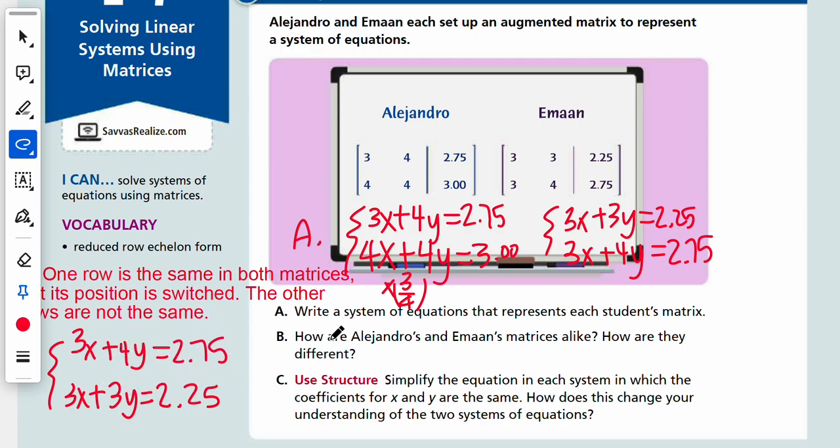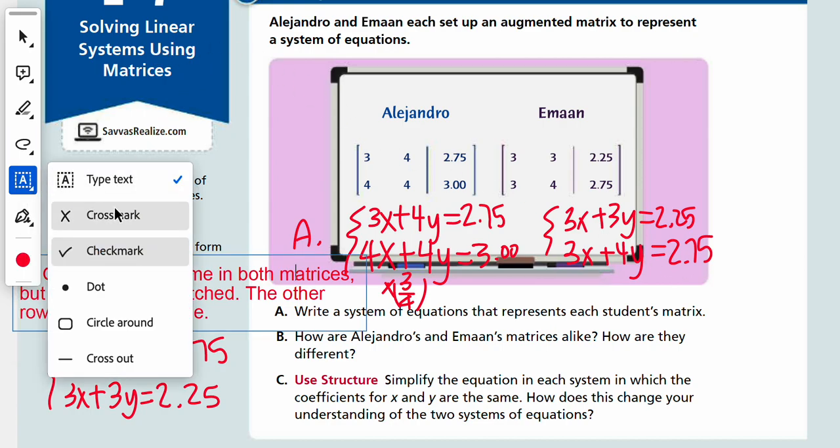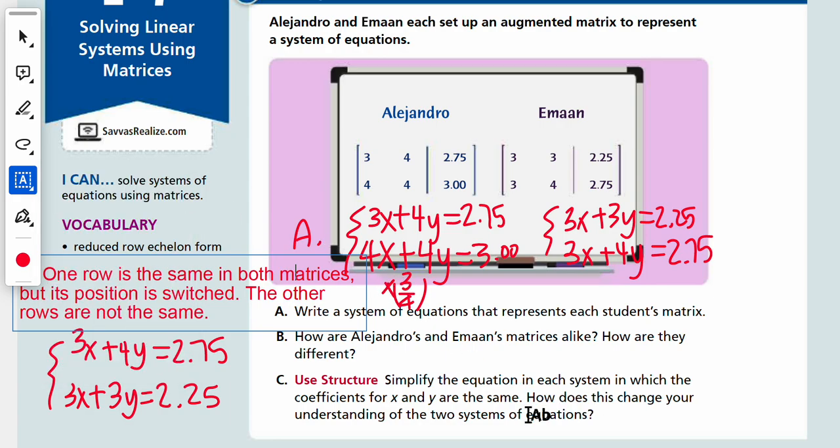So now we compare Alejandro's system of equations to Eman's. We see that both of the equations are the same. They just have different positions. So yes, this changes our understanding of the two systems of equations, right?